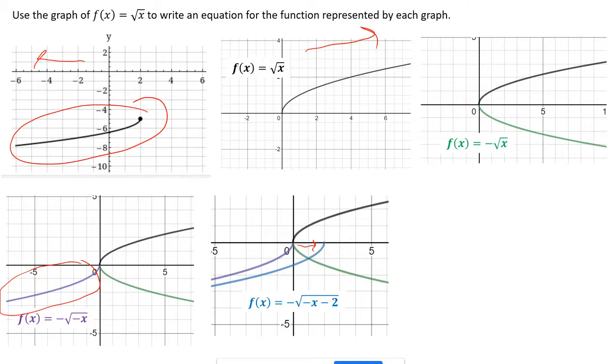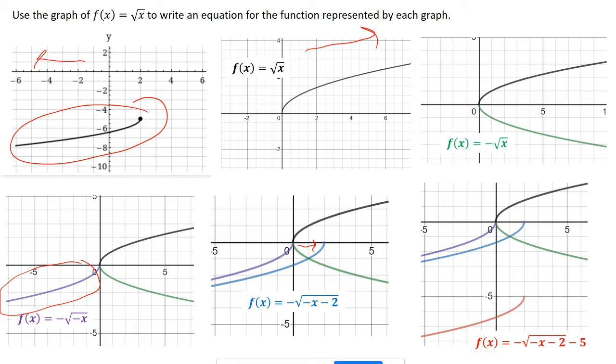But now we need it to go down. So I subtract 5, and that's going to move my graph down. So the reflection up here was needed, and the reflection for the y was needed so that we can get to our destination.